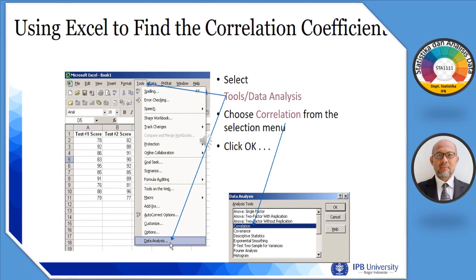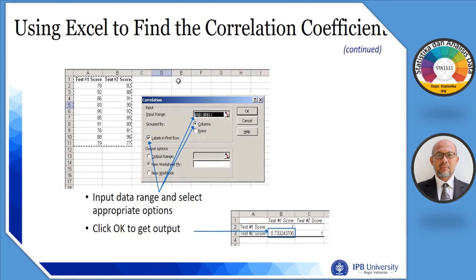This slide just demonstrates how to use Excel to calculate the correlation coefficient. I think this is easier, and then you can practice. You can use Excel to calculate the Pearson correlation. You can look at this Excel software.